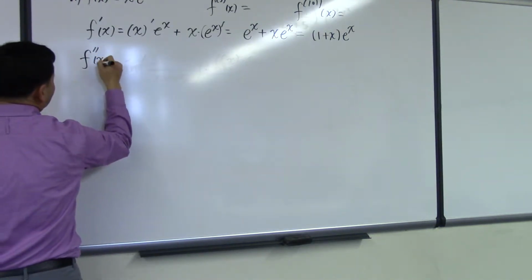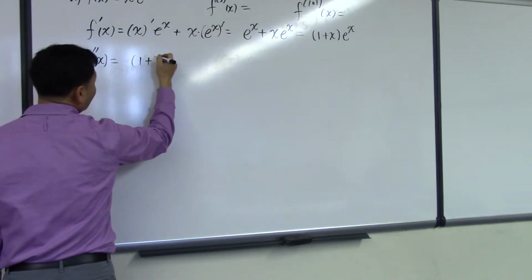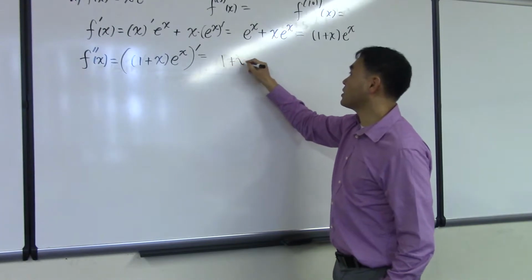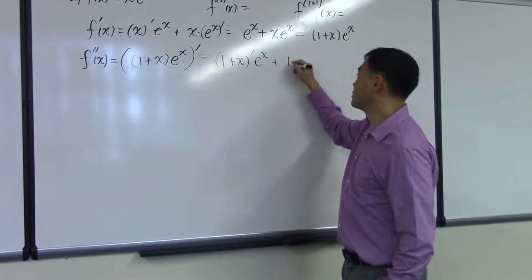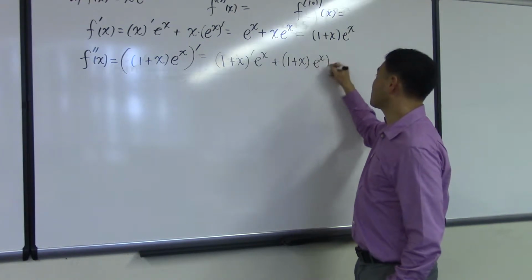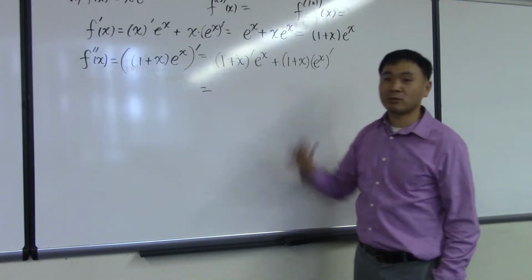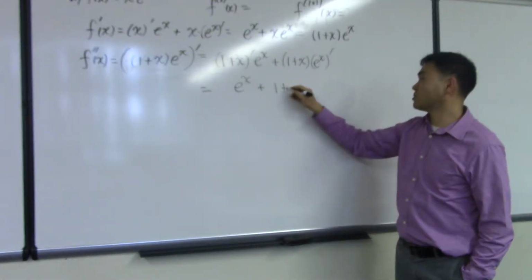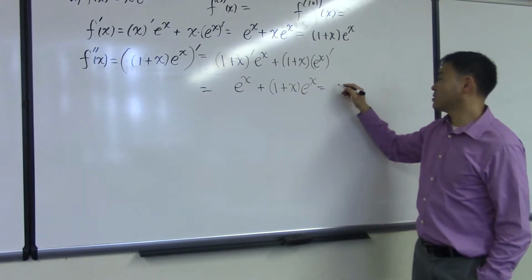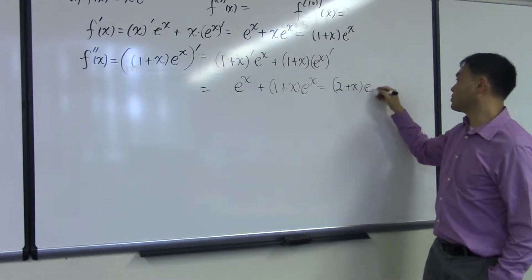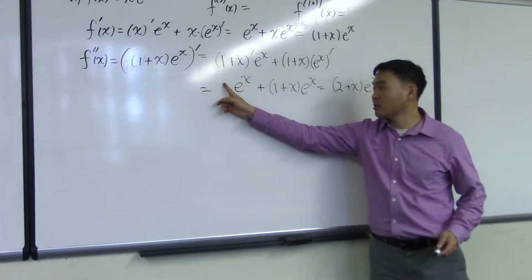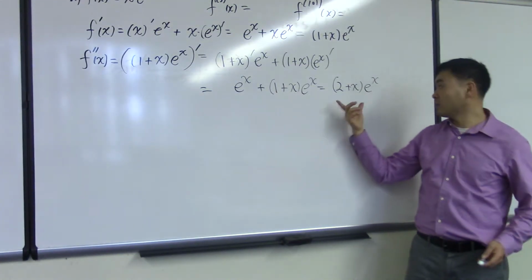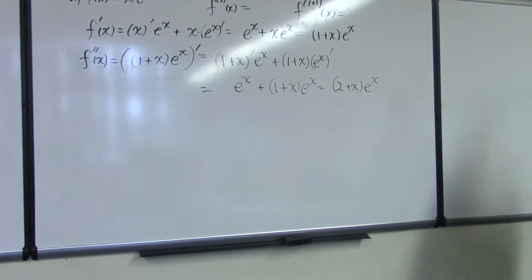F double prime of x is simply, you take the first derivative and differentiate one more time. 1 plus x prime e to the x, plus 1 plus x e to the x prime. 1 plus x differentiates to 1, and you get 2 plus x if you factor e to the x. That's because this is 1 times e to the x, plus 1 plus x e to the x, and so you have 2 plus x inside the parenthesis, right?